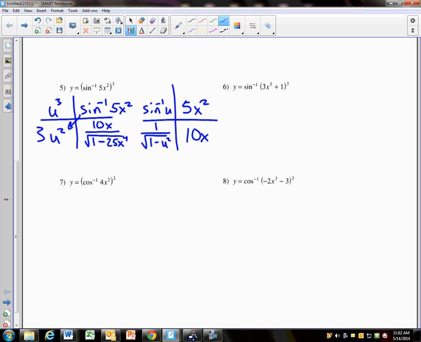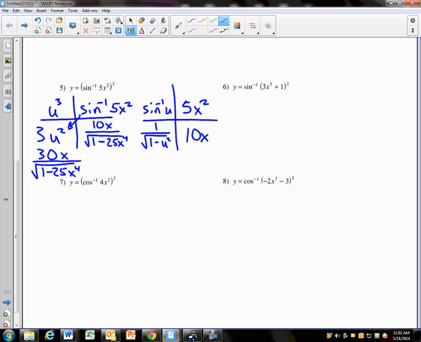Now we have to take this times this and plug that back in, right? So you have 30x on top. On bottom, you have the square root of 1 minus 25x to the fourth, times u squared.